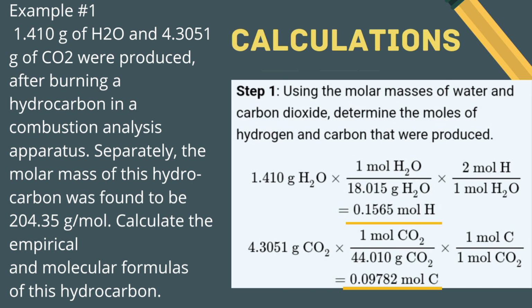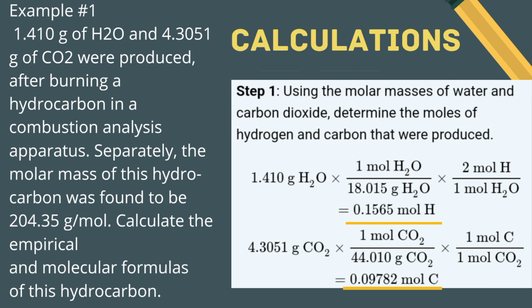Separately, the molar mass of this hydrocarbon was found to be 204.35 grams per mole. So, you have to calculate the empirical and molecular formulas of this hydrocarbon. So, step 1, using the molar masses of water and carbon dioxide, determine the moles of hydrogen and carbon that were produced.